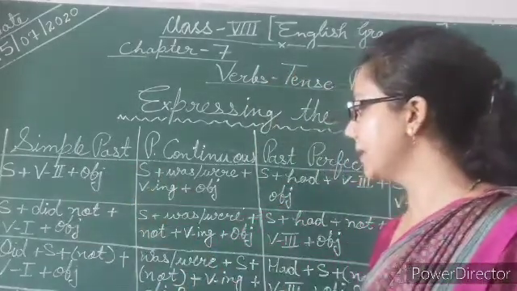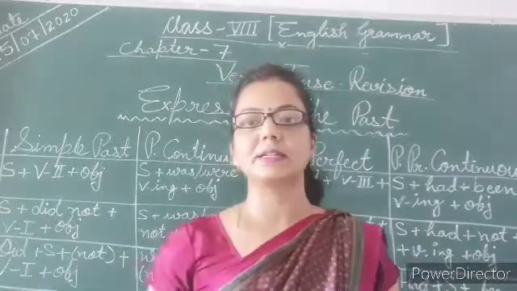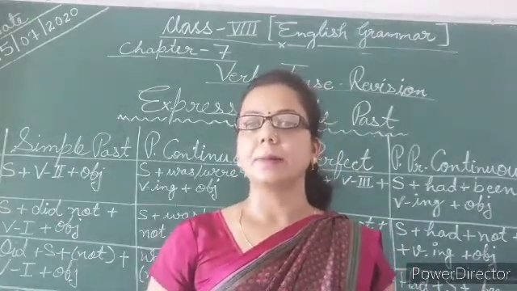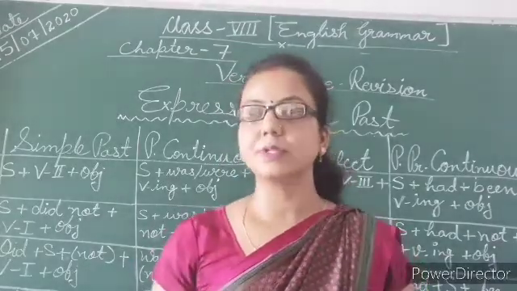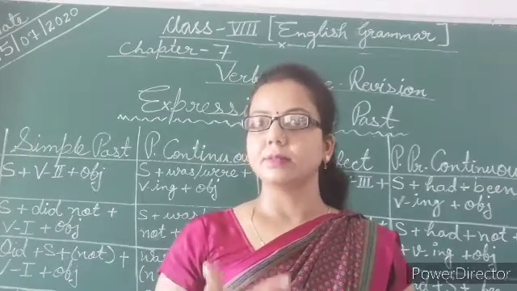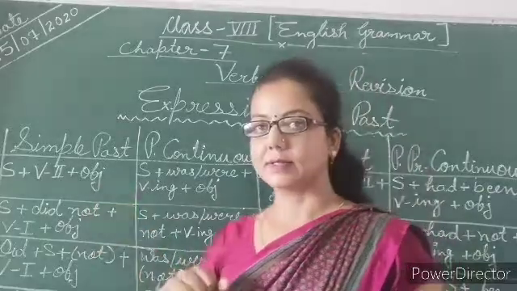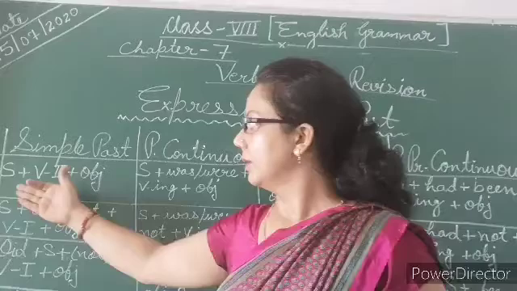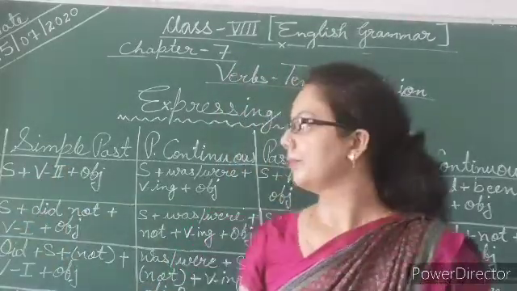So in the simple past, we talk about the completed action in the past. To express habitual actions or actions that are already completed before some time, we use simple past. Now have a look at the structure for affirmative, negative and interrogative.